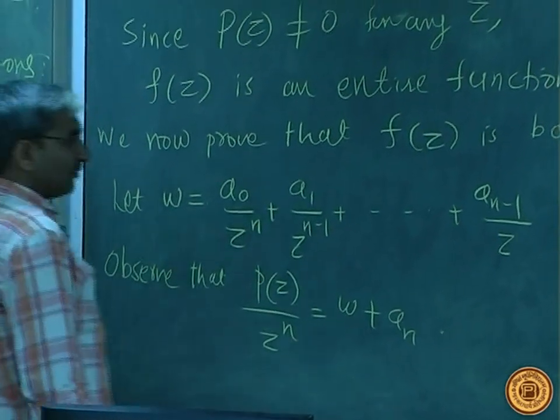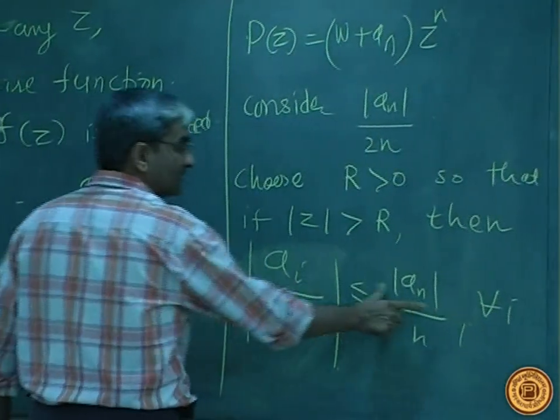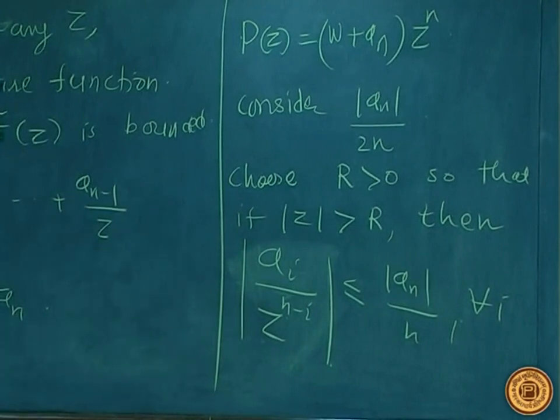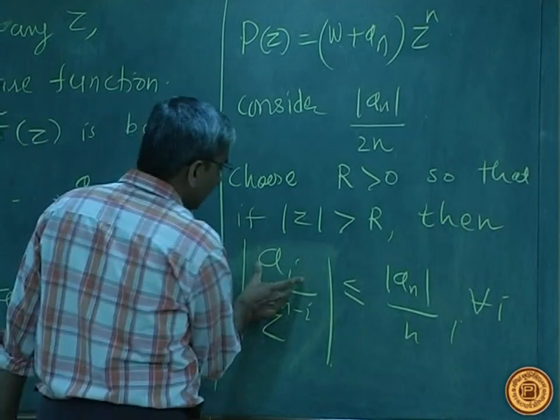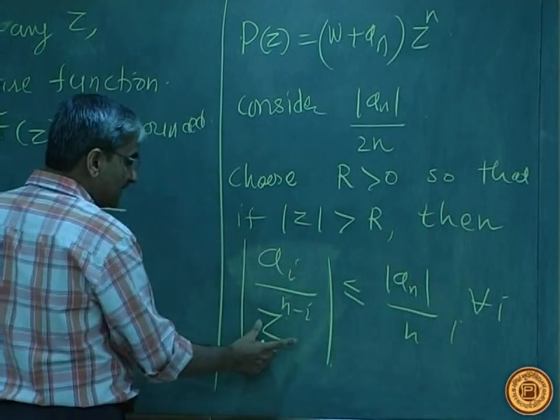Now, why can I find this r such that if mod z is bigger than r, mod of this is less than or equal to this? Why can I do that? I can do that because this side is fixed, and this is in your control.